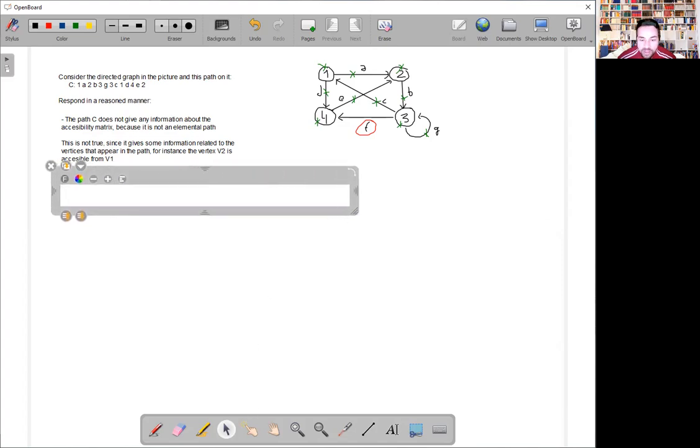Okay, let's go to the next question. If you want to know what is an elemental path, just check the previous video, where it is explained.